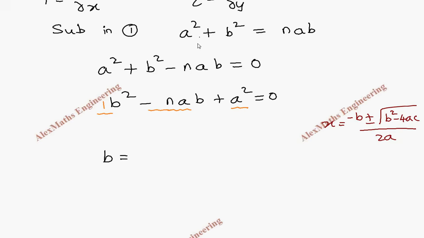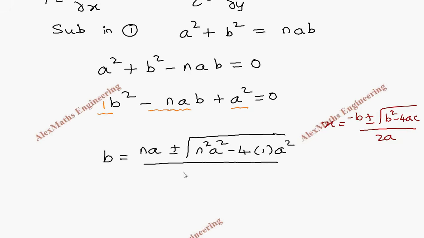If I substitute, minus b becomes na plus or minus root of minus na whole square, which is n square a square, minus 4 into a, which is 1, into c, which is a square, whole divided by 2a, so 2 into 1.